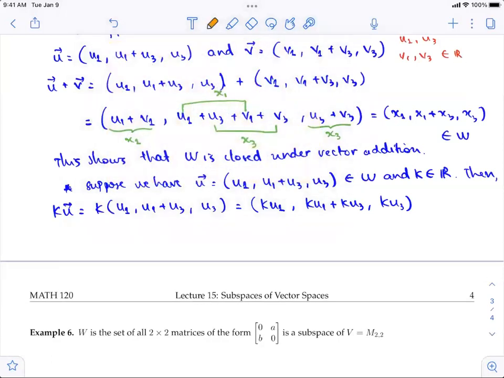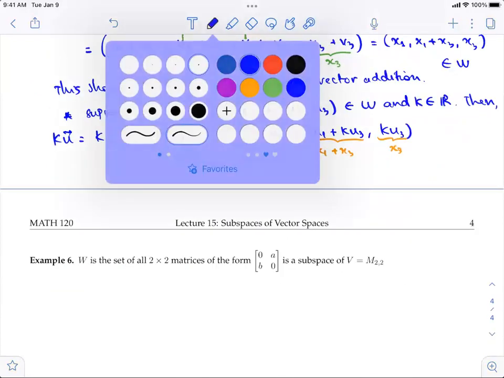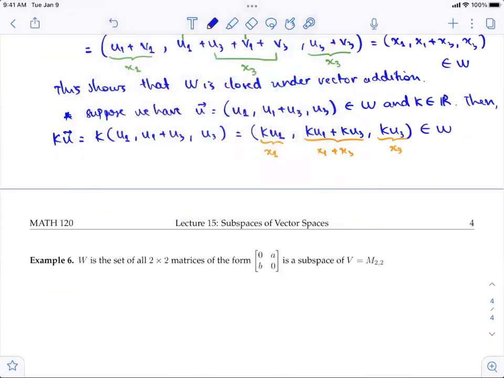If you let k u1 be x1, which is just a real number, and k u3 equal x3, again just a real number, then the middle entry is x1 + x3. So therefore, this is still in W. This implies that W is closed under scalar multiplication.